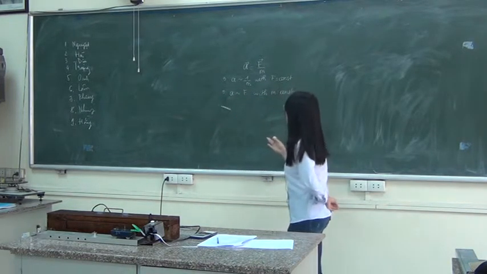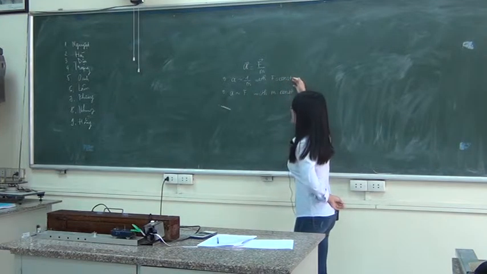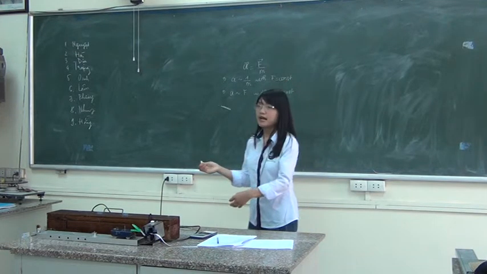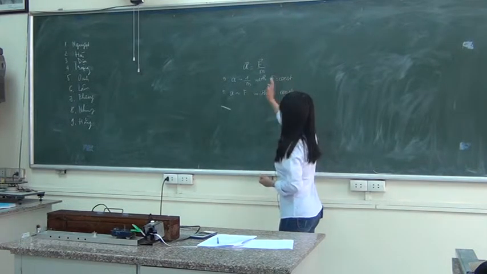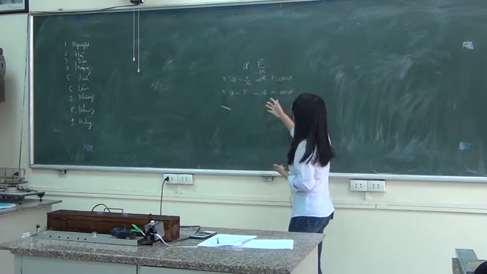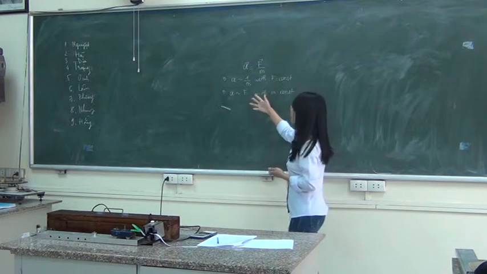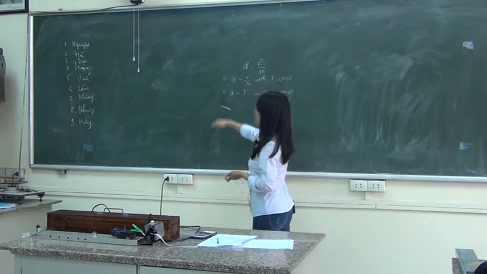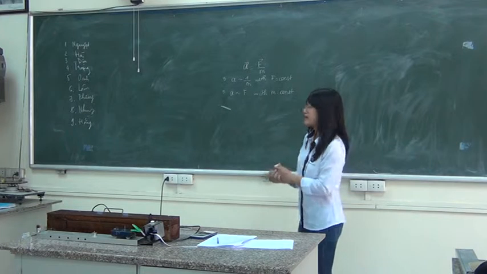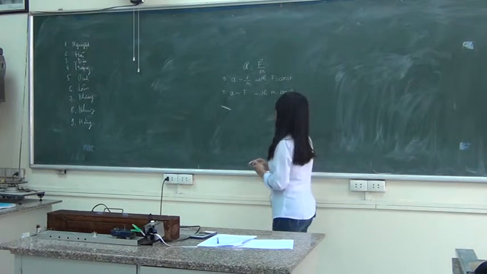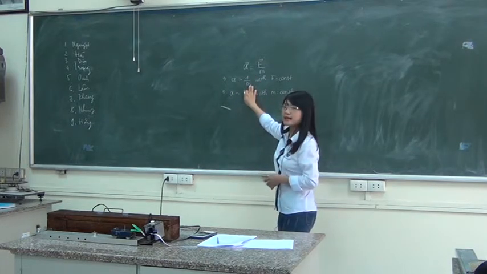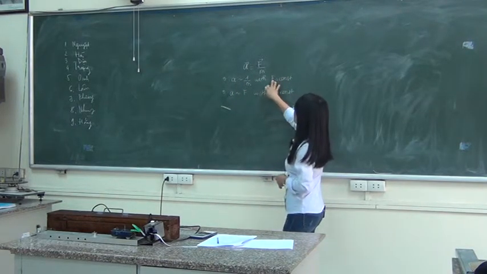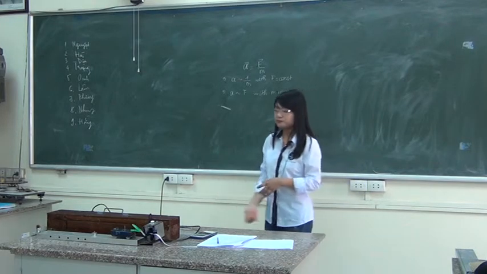Let's consider the first case. To do it, I ask students what variable will change, what variable will keep unchanged, and what we need to measure, and students can answer easily. We have to measure acceleration A, change the mass, and keep F unchanged.